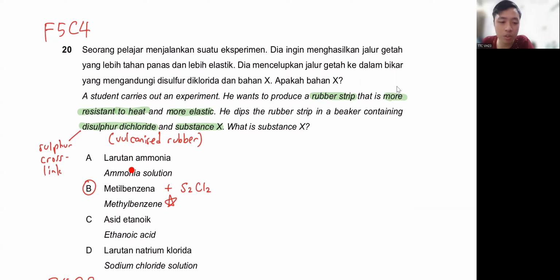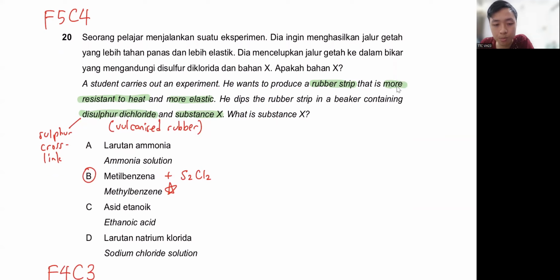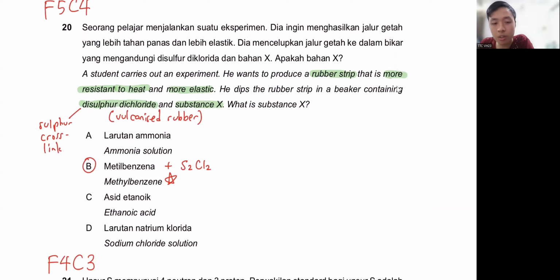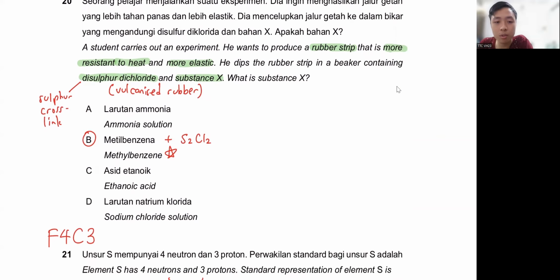Then it becomes vulcanized rubber. This one is normally a school lab experiment. Or normally in industry, they just heat with sulfur directly. This one is dipping into disulfur dichloride and methyl benzene.